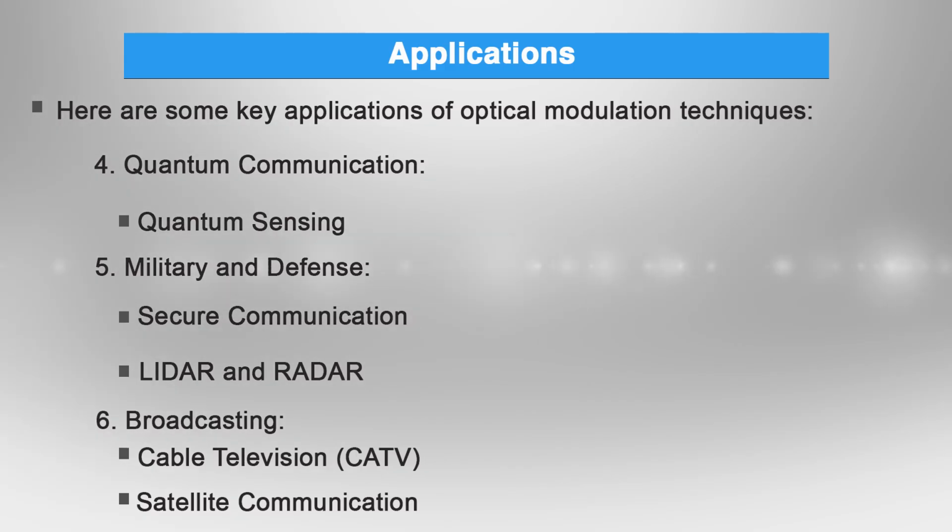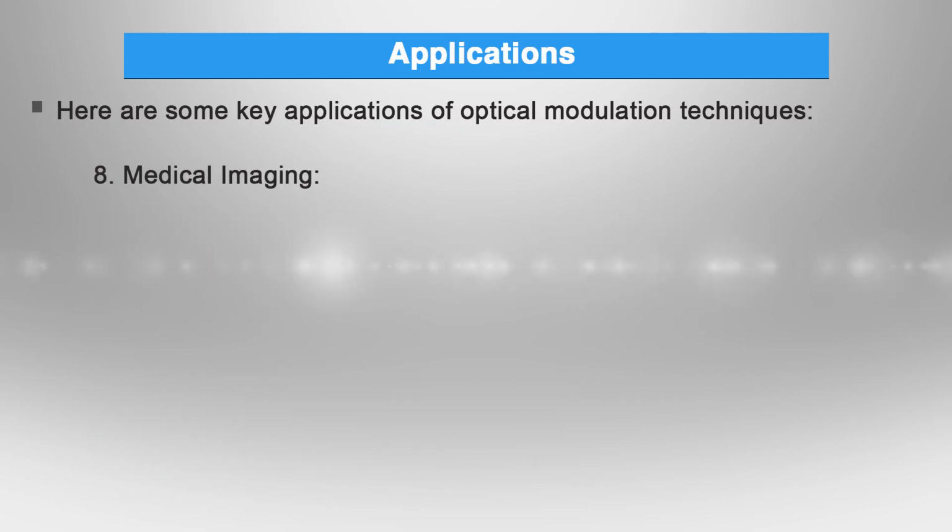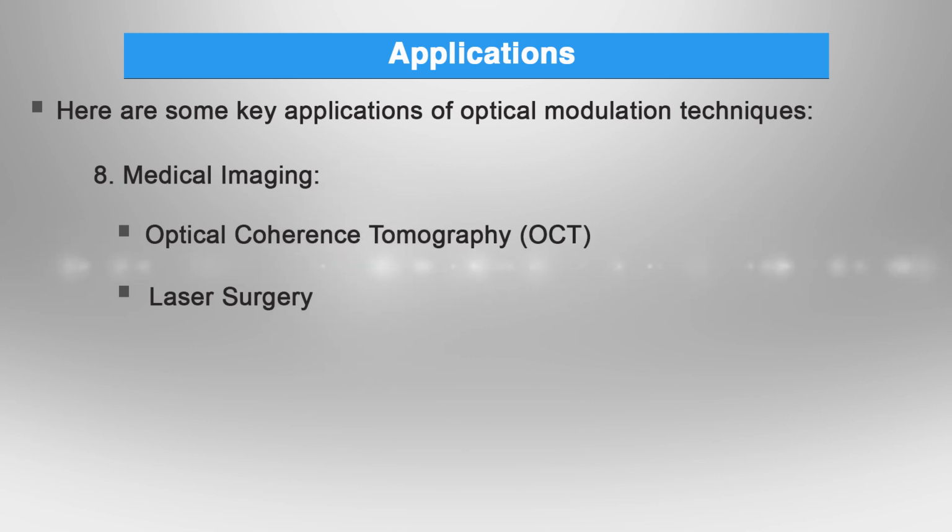Optical modulation techniques are used to transmit television signals over optical fibers, providing a high quality interference-free broadcasting system. Next is medical imaging. Laser surgery. In laser based optical procedures, modulated optical signals control the laser intensity and focus, improving precision in surgeries.